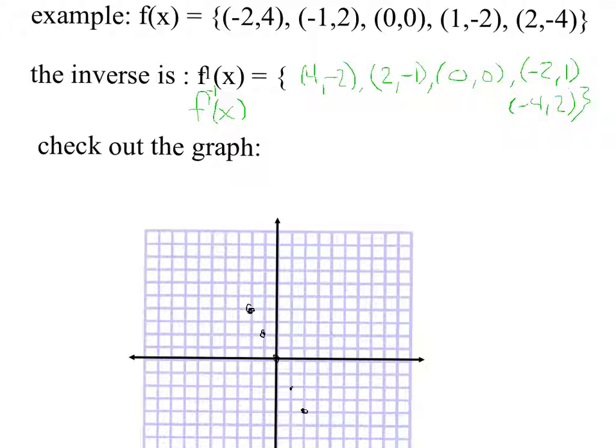Okay, now in green, I'm going to do the inverse. We had 4, -2, 2, -1, 0, 0, -2, 1, and -4, 2.